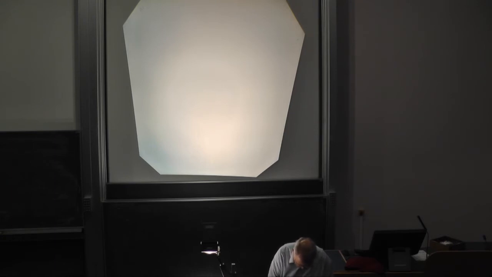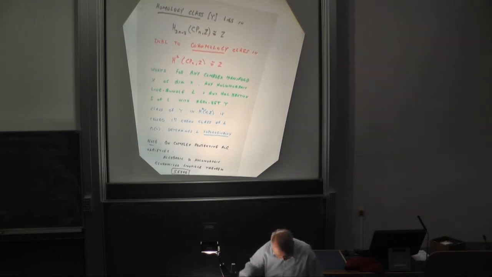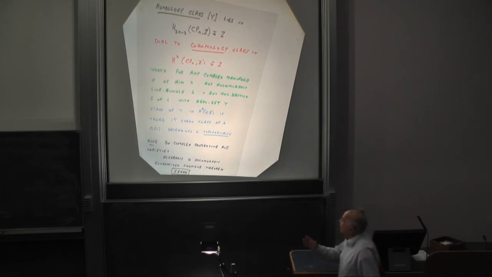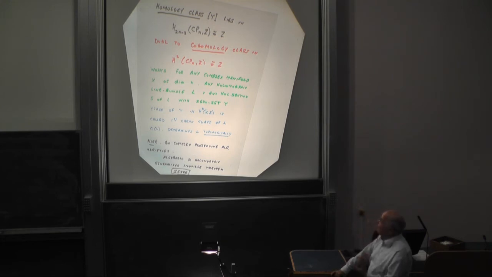Now, in general, if you have a line bundle L and you take a section, the section will vanish along some hypersurface, which we called Y here, and the homology class of this hypersurface, the surface of complex dimension 1 less than the whole space.